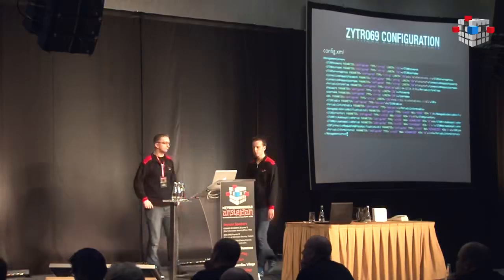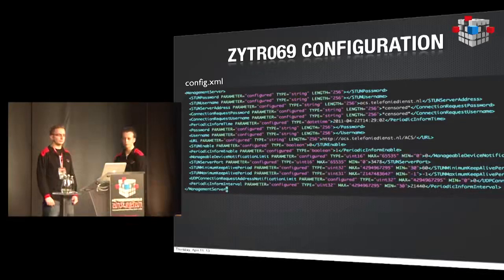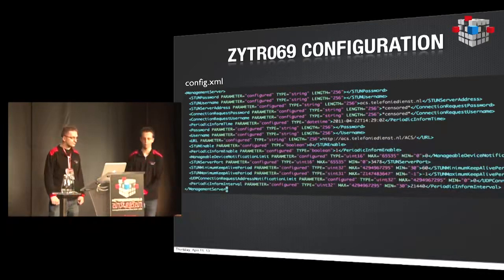Okay, so I will explain about the configuration file. This config.xml contains a lot of configuration properties, not only for the TR069 specific functionality, but for a lot of other stuff. But we took a snippet out of it, which are all the properties that are used by TR069, and it contains a URI to the ACS, which is used by the daemon to connect back to the ACS.